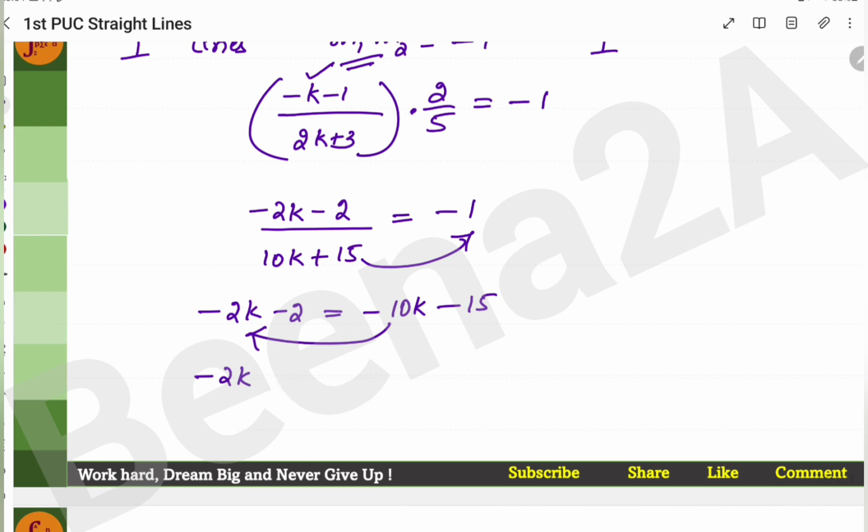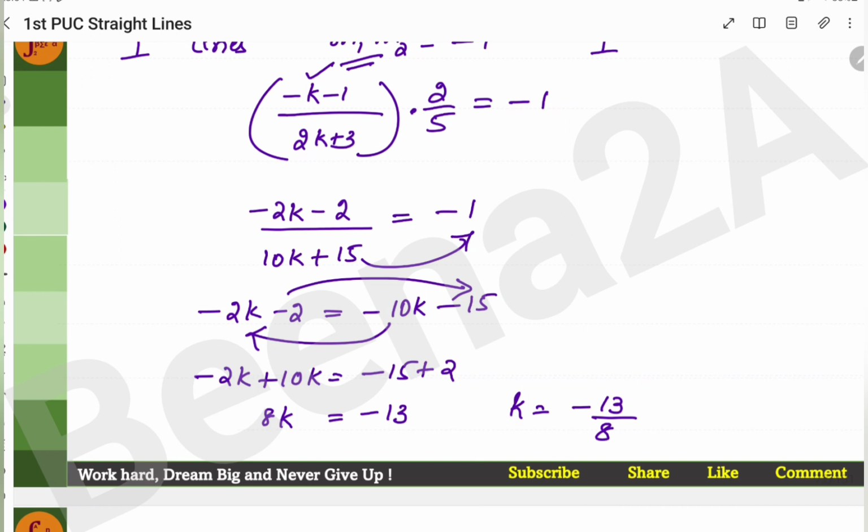So minus 2k plus 10k is equal to minus 15. I'll take this 2 here, so it will be plus 2. So 10 minus 2, 8k is equal to minus 13, which means k is equal to minus 13 by 8. So we got the value of k. K is minus 13 by 8.